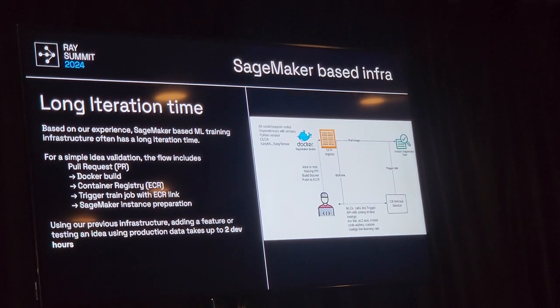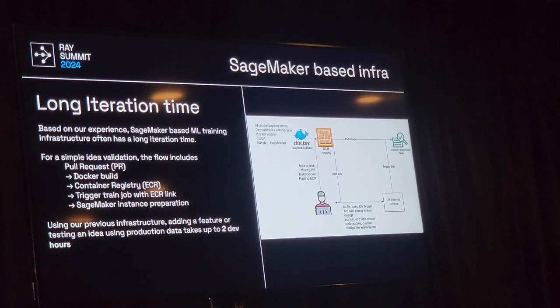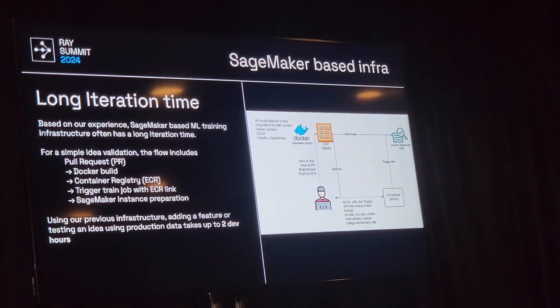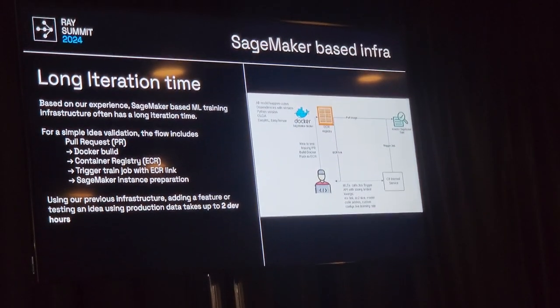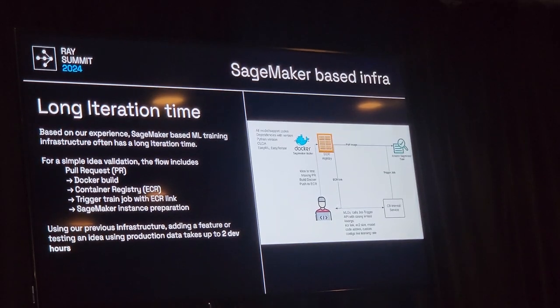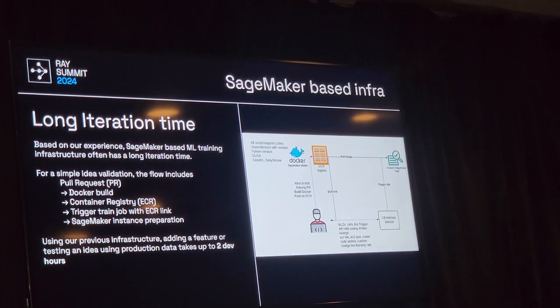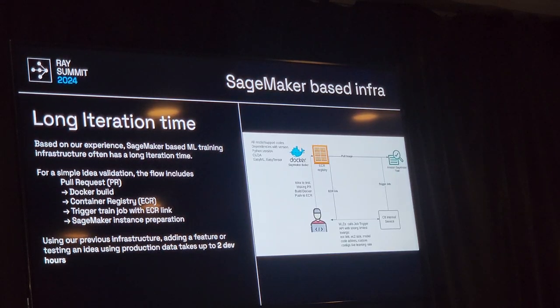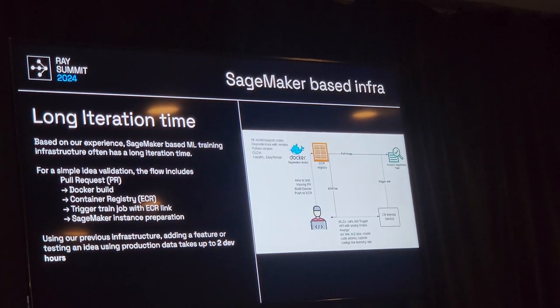The typical flow is that the machine learning engineer makes a PR, then builds a Docker image and pushes it to ECR, because SageMaker requires a Docker image. Once that is built and you have an ECR link ready, you send it to our internal service to trigger a SageMaker training job.